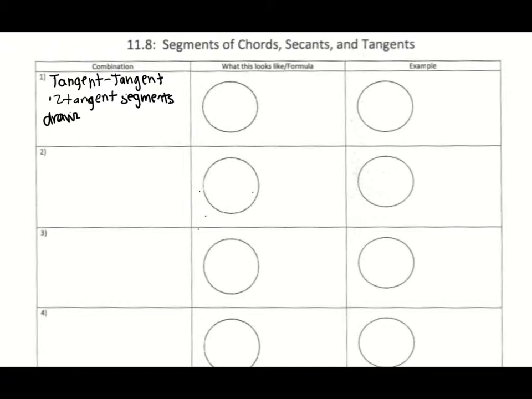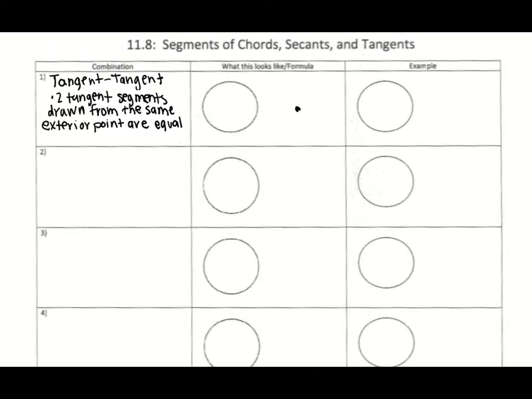Okay, tangent, tangent, two tangent segments drawn from the same exterior point are equal. So once you get that definition down, if we look over here, we have an exterior point from our circle. If we draw two tangent lines that both start from that point, so we have one that looks like this and one that looks like this.